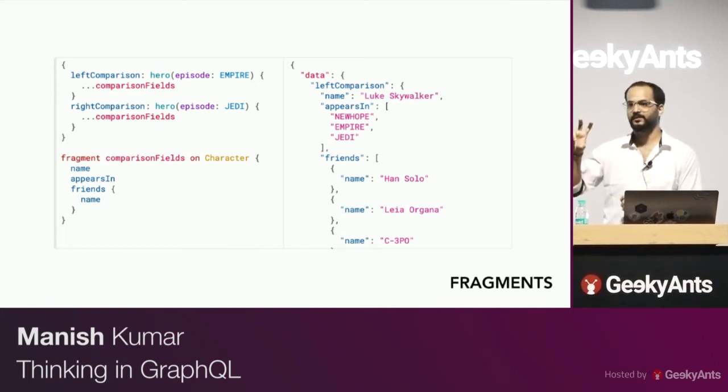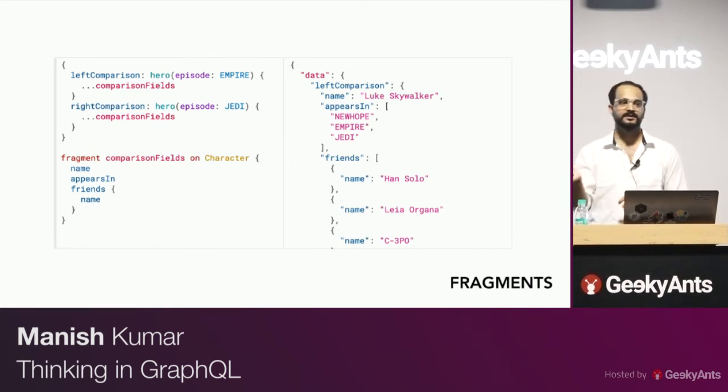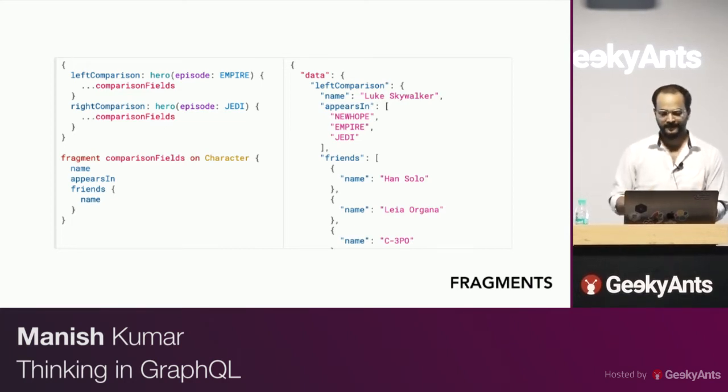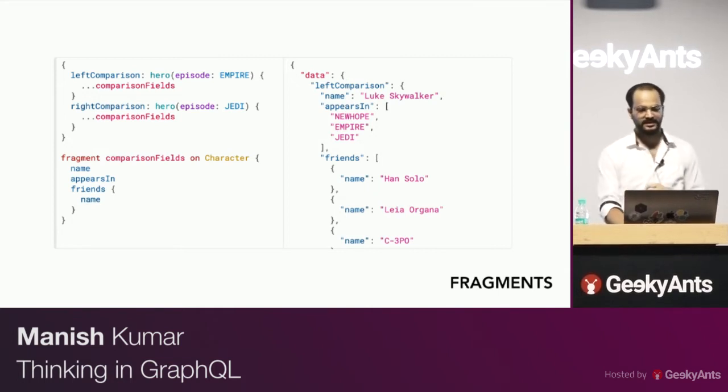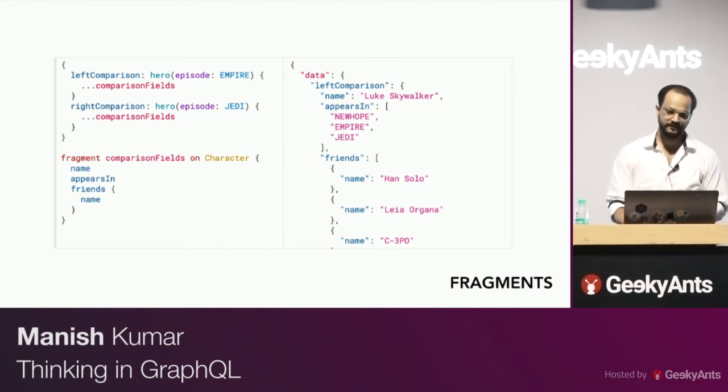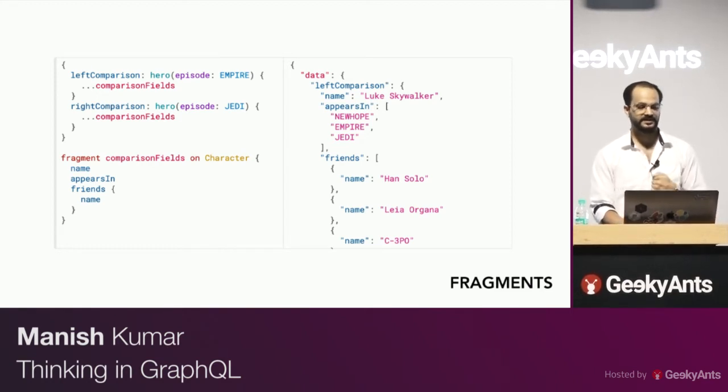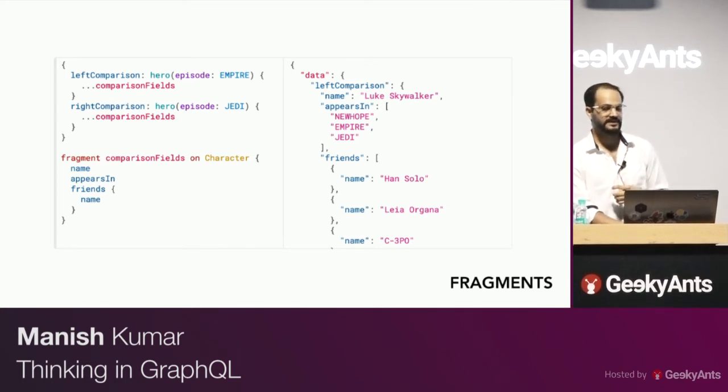You can just write a fragment once for a particular type and then use it in any of your queries. This is what is happening, and there's a left comparison and right comparison here, in which I am passing comparison fields on character, where I'm asking for name and appears in, like in which movie, and what are the friends of this character. So I'm asking for that.